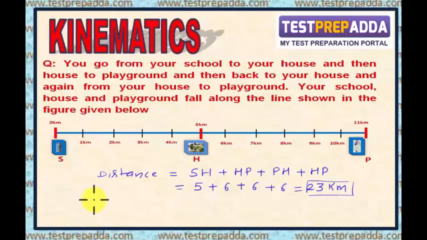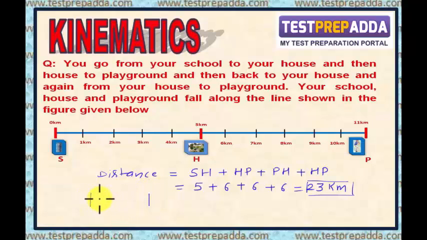Now, as per the definition, what is the displacement? Displacement is the shortest distance between initial and final point. Your initial point is school and your final point is playground. So what is the minimum distance?